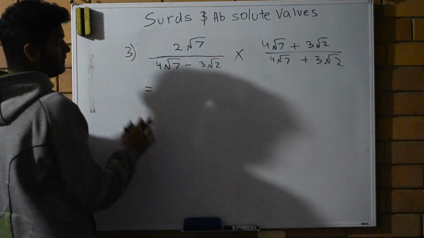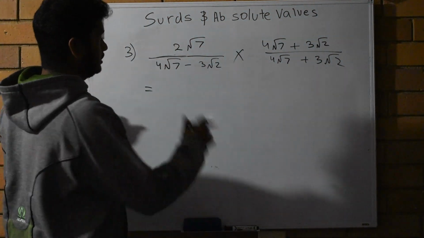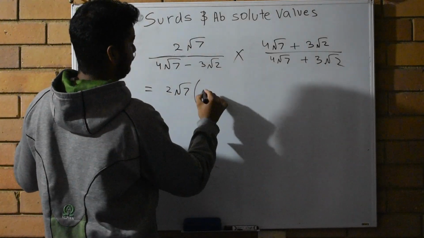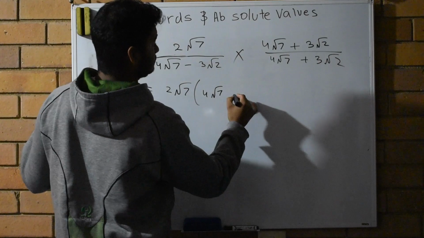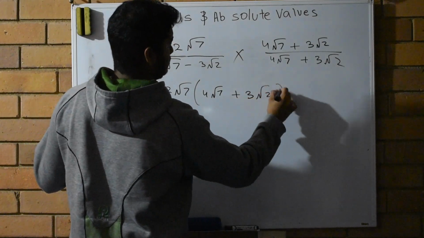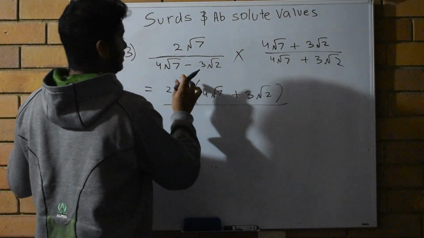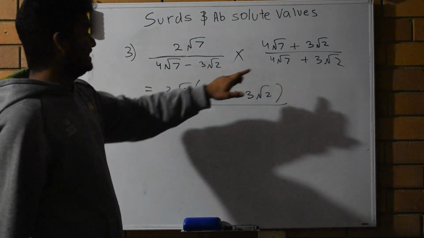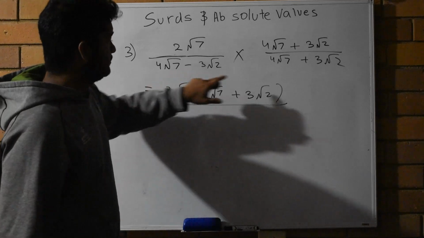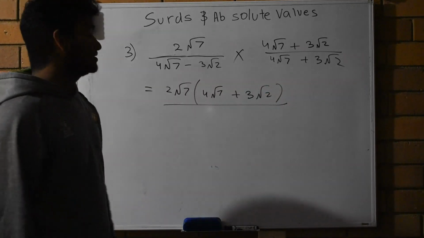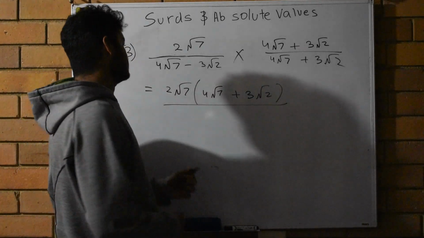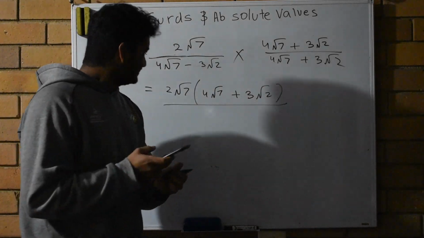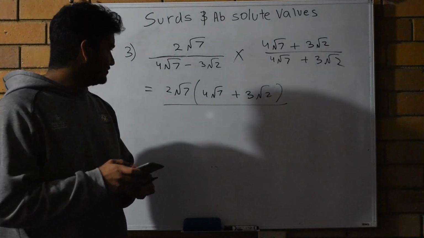Alright, so what happens now is, let's put them together. So 2 root 7 bracket 4 root 7 plus 3 root 2 divided by, let's put these together, 4 times 4, 16, and square root of 7 times square root of 7, that's 7. So 16 times 7 is, let me just get my calculator. Thought it was my phone to be honest, but anyway.